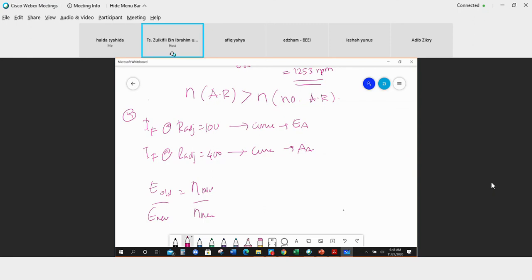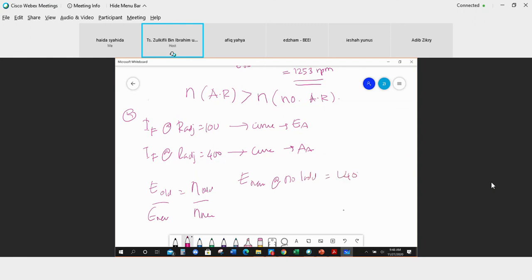Ada tadi no load speed. So no load speed maksudnya this one, so E new at no load adalah 240 kan.